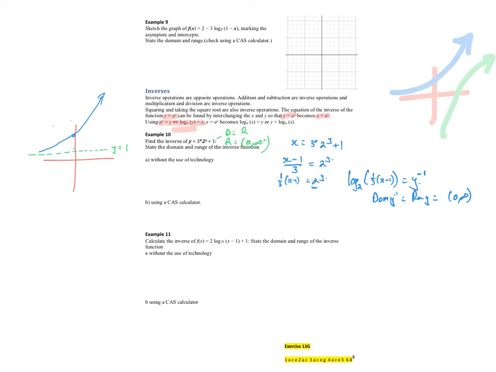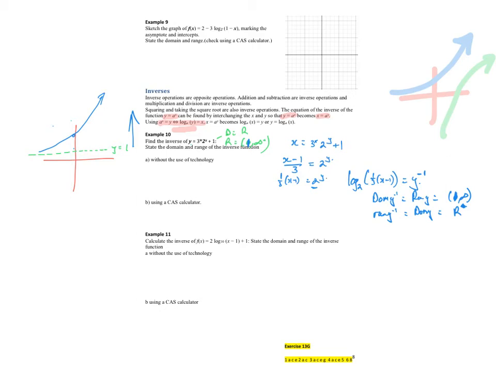No, it wasn't from 0, it was from 1. The range of this graph is from 1 upwards, which means the domain of the inverse is from 1 upwards, which makes sense. And the range of y inverse is equal to the domain of y, which is just R. I'm all over the place. I'm too busy watching the footy. Sorry, boys.